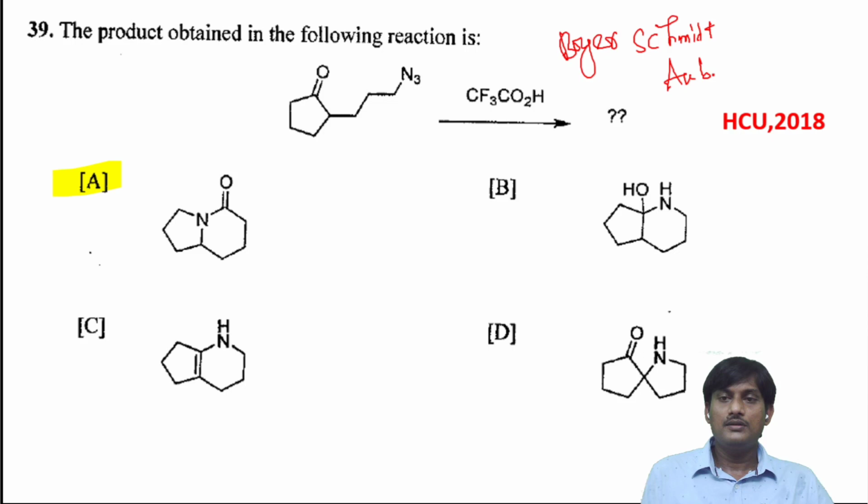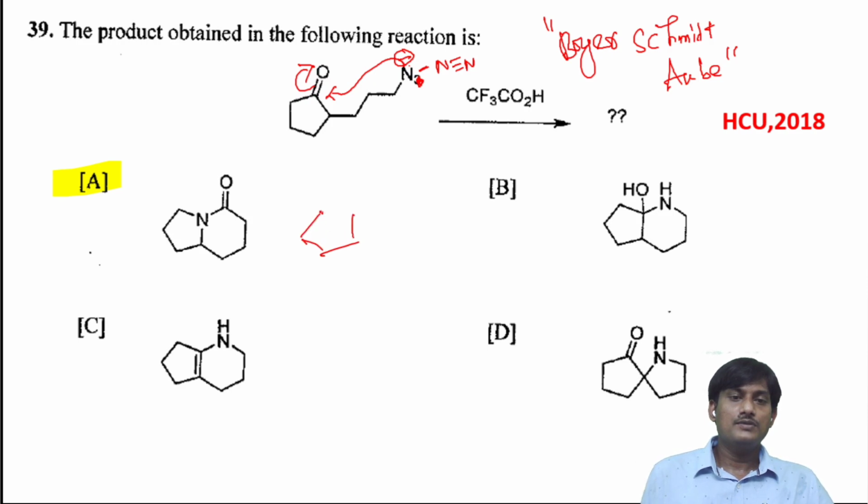The product obtained in the following reaction is, it's an application of Boyer-Smith-Abbe rearrangement reaction. In presence of trifluoroacetic acid, here there is an attack of nitrogen. This can be written as N minus single bond and triple bond, and here there is an attack of this nitrogen on the carbonyl carbon, and there is a formation of a 5-membered ring.